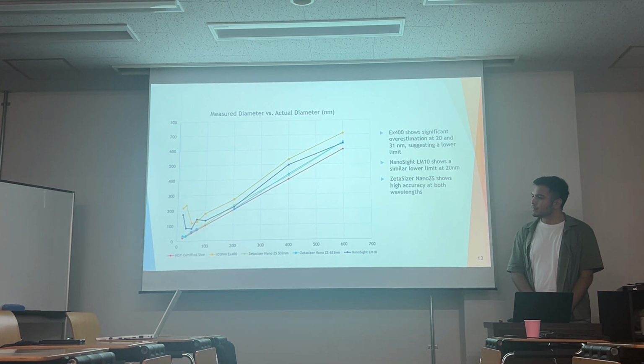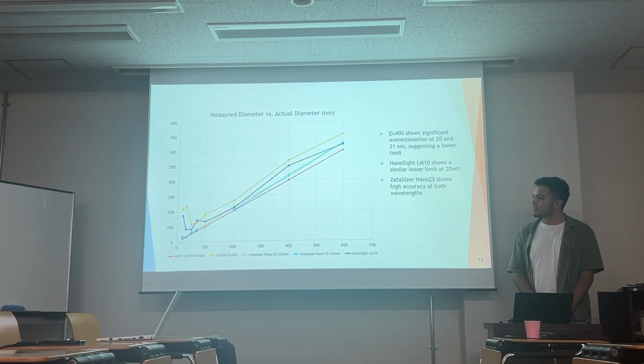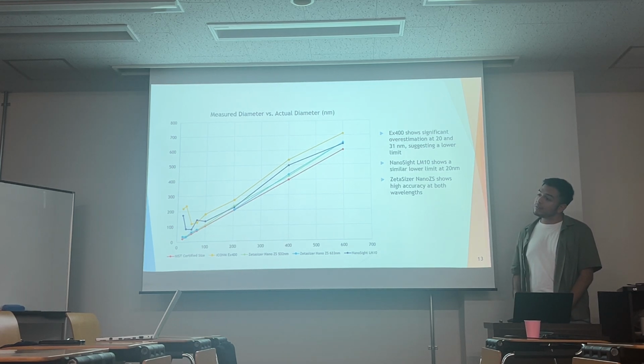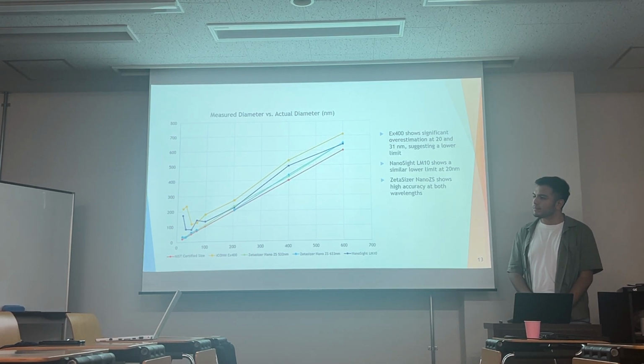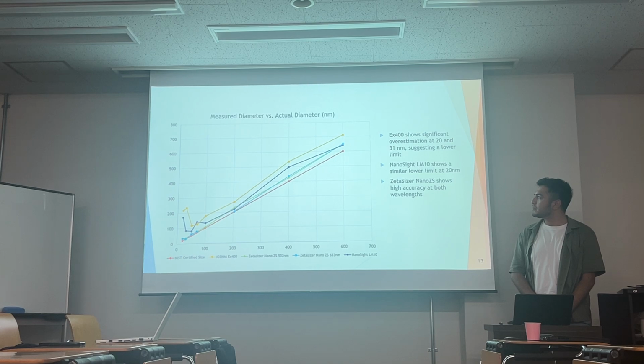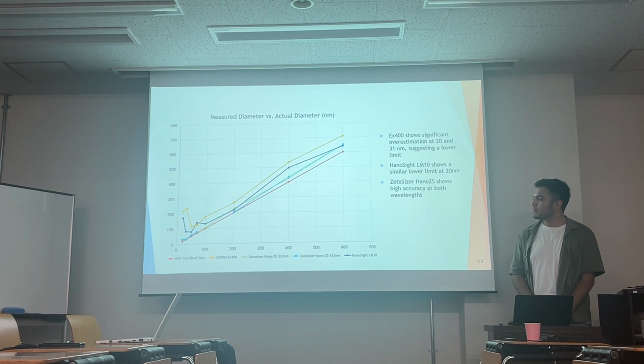So there's some problem for 20 and 30 nanometer. Yes. So I believe it is also the same for our system. So actually, the synthesizer provides similar values for standard particle diameter.